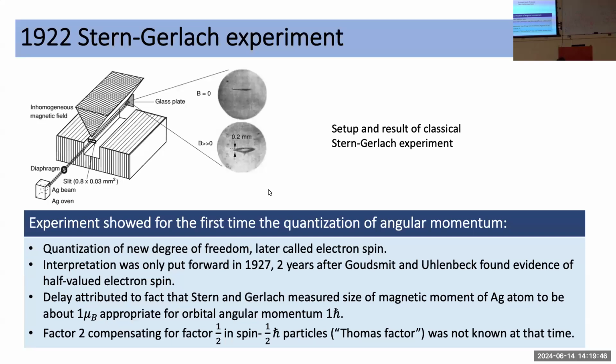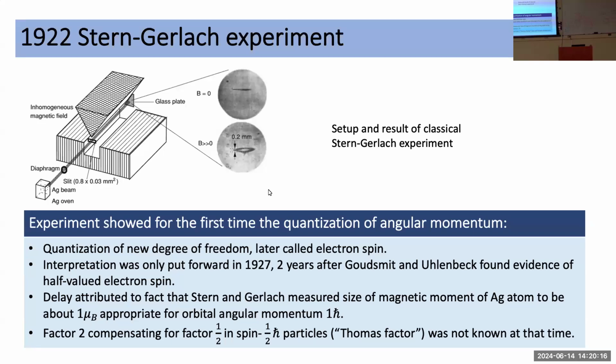They sent a silver beam from an oven through a slit system along the knife edge. Without magnetic field, they saw just a single dot, and with magnetic field, they saw two discrete up and down orientations. This experiment showed for the first time that you actually have space quantization of angular momentum.